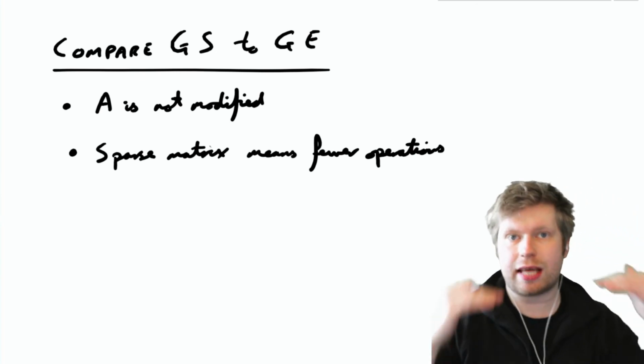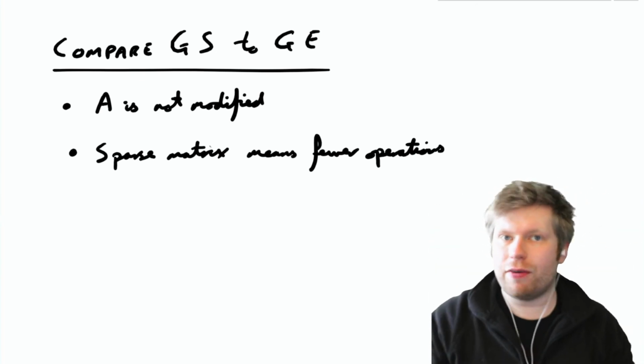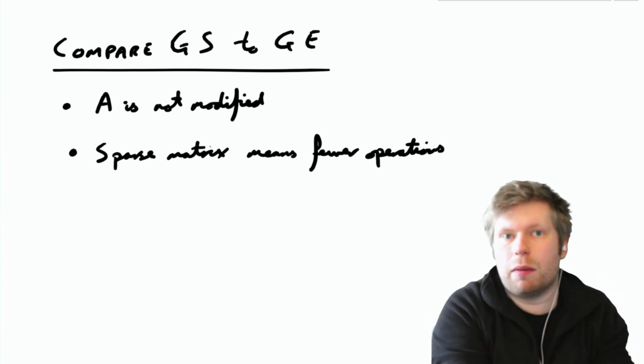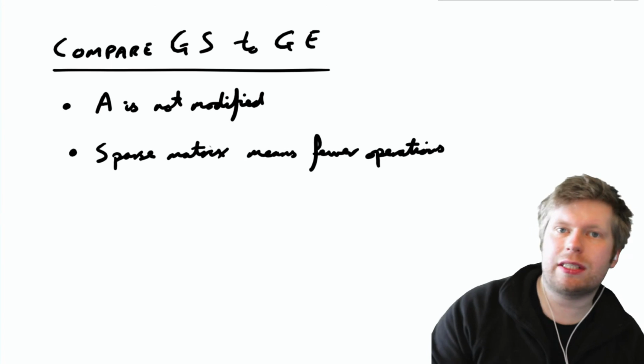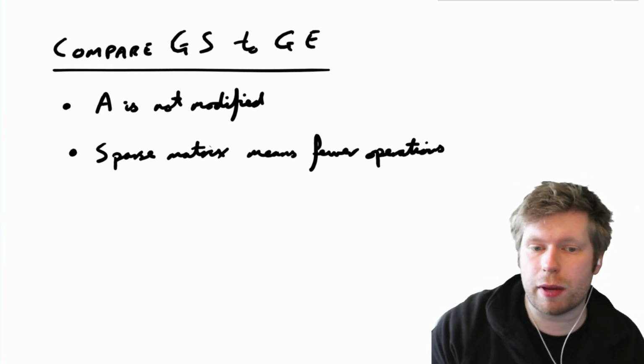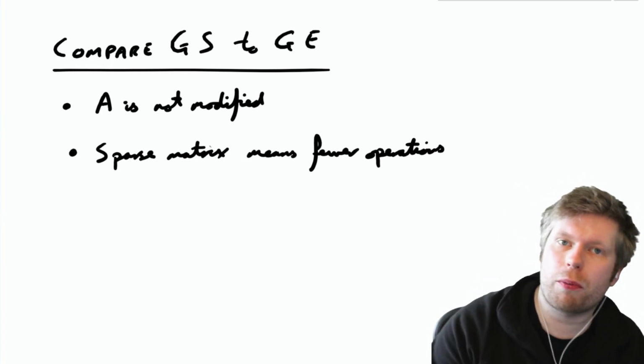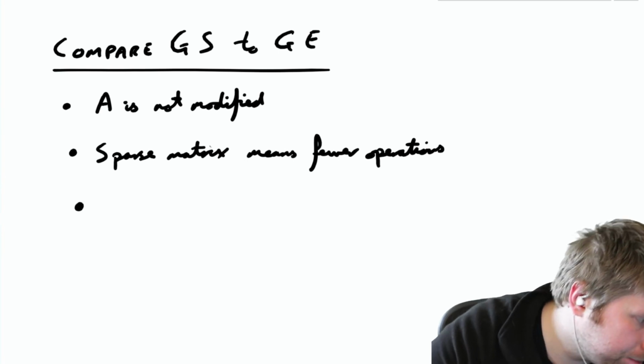Gauss elimination is adding or subtracting one row from another, and if an element is equal to 0, we may end up changing it from 0 to a non-zero element, okay? Whereas with a sparse matrix with Gauss Seidel, and also to a certain extent with Jacobi's, there are fewer operations that we need to worry about, okay?